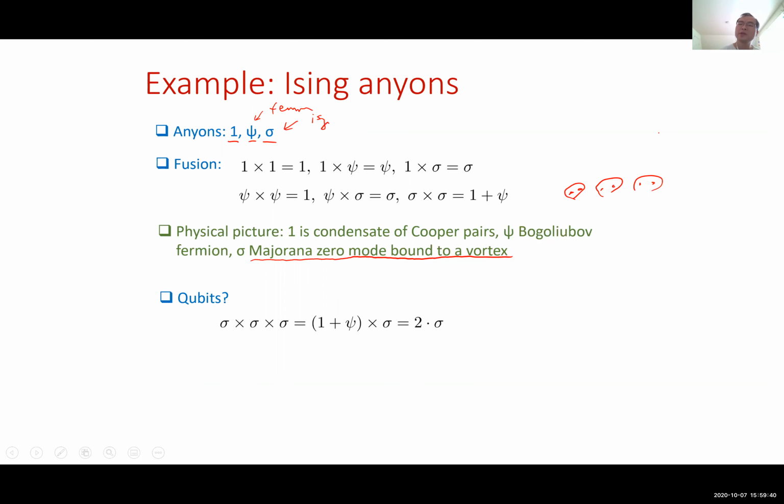You break this apart, you have electrons, and sigma is the Majorana bound state. And we know that if you have 2 of them, you could have no fermion. You could also have 1 fermion, right? Because, for example, this gamma is c1 plus i c2.